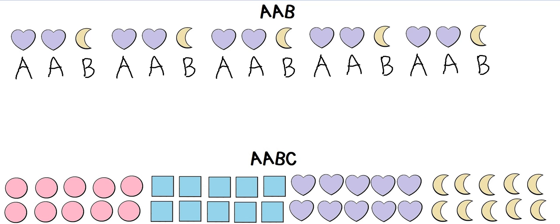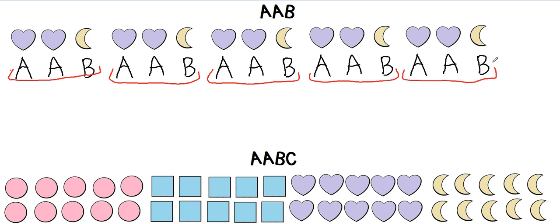I just completely duplicated, or I made it over again. I made it happen again to show you guys that the AAB is happening over and over again. Okay, AAB, AAB, AAB, AAB, AAB, which matches the pattern core that we began with.